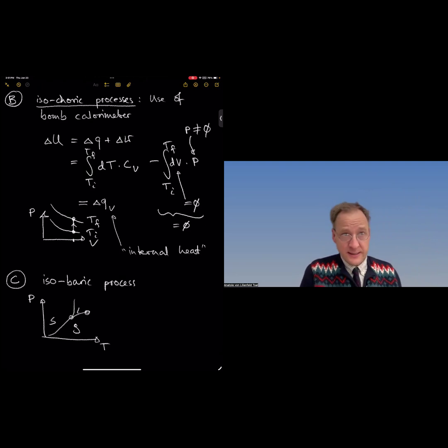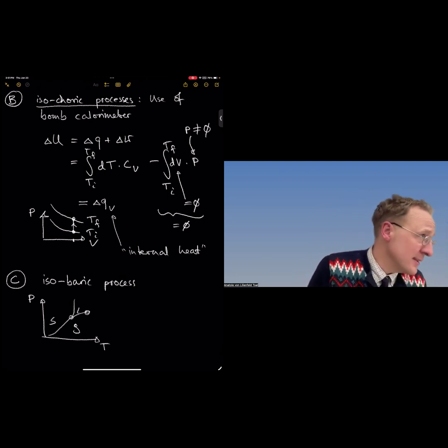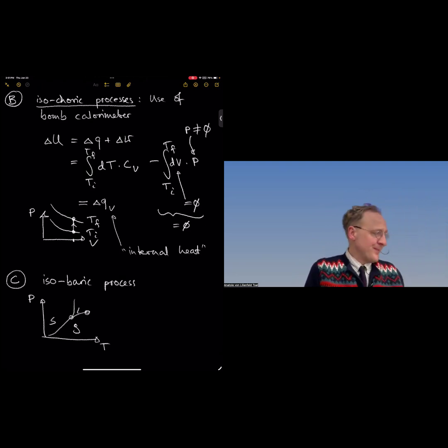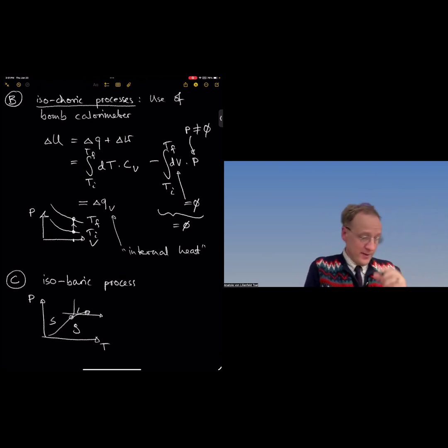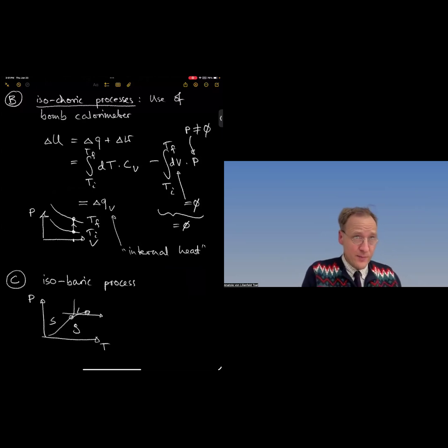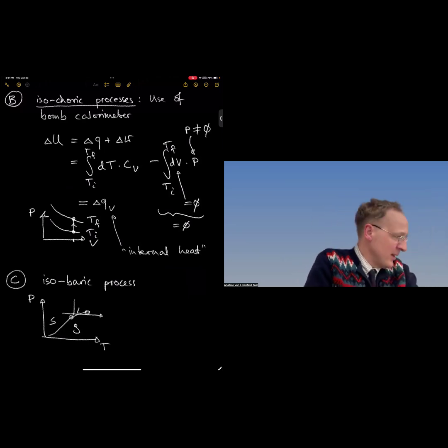Such a process is the one you would experience at ambient conditions if you change the temperature, let's say, keeping the pressure fixed, right? So at fixed altitude, your pressure is more or less the same, no matter how much you heat.